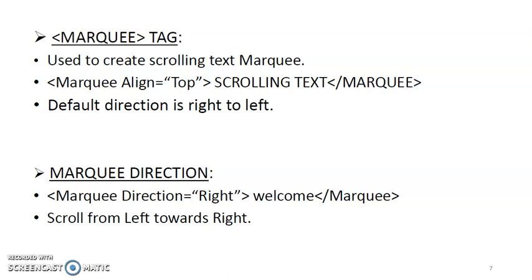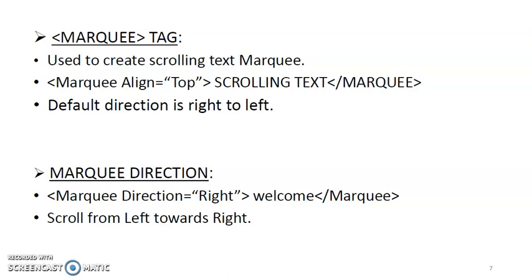Okay, so you can set the marquee with the marquee align. Means what? If you set the marquee align equals to top, your marquee is displayed at the top of your web page. In between you have written your marquee text. Okay, and if you want to set the marquee direction, then you can use the marquee direction attribute. In between you mention the direction.